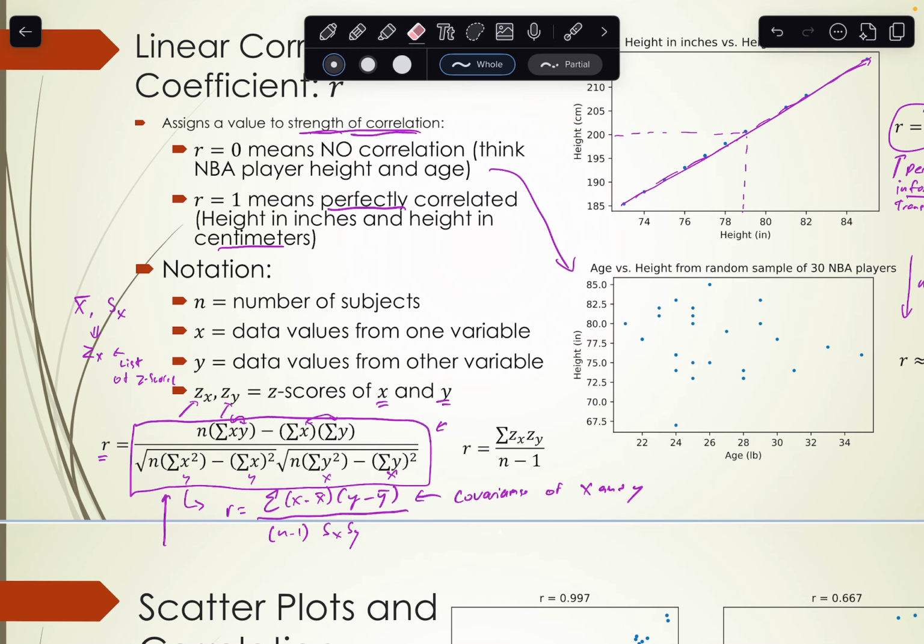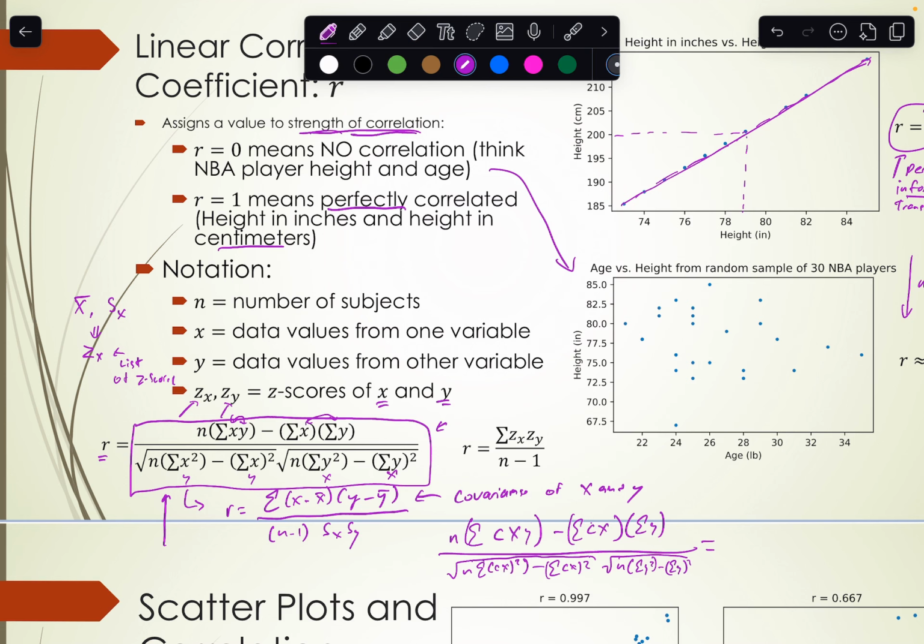Suppose I scaled x, so I multiplied all of my x values by some constant c. If I multiplied them all by c, I would get this, and notice that this c can factor out, come up front, and c squared would come out of these terms, and that could come out of the radical.